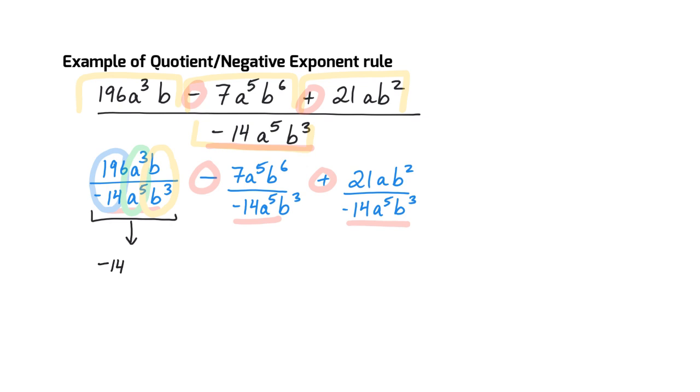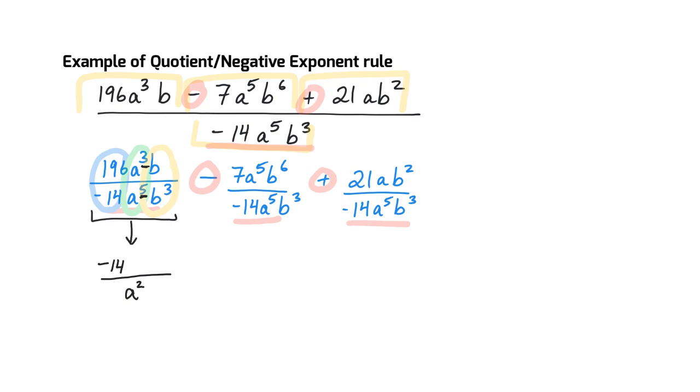A to the power 3 over a to the power 5, there are more a's in the bottom than there are on the top. So that means this is going to be a fraction where the a squared is on the bottom, right? 3 minus 5 is negative 2. That means there are 2 extra a's in the bottom than there are on top.